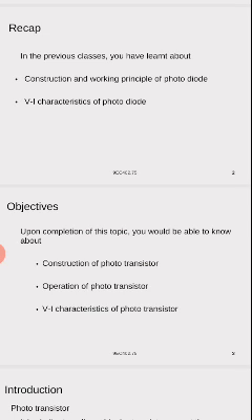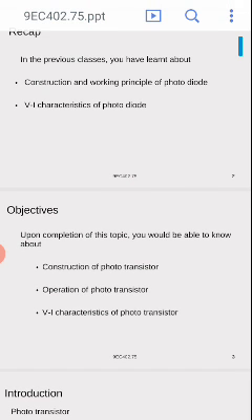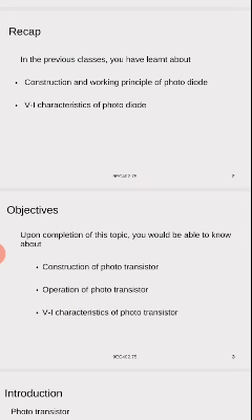Recap. In the previous classes, we have learnt about the construction and working principle of photodiode, and the VI characteristics of photodiode, which we discussed in the last class.